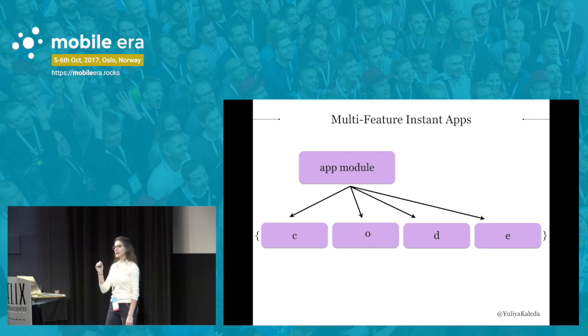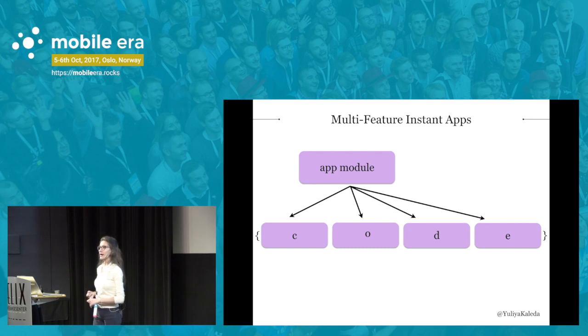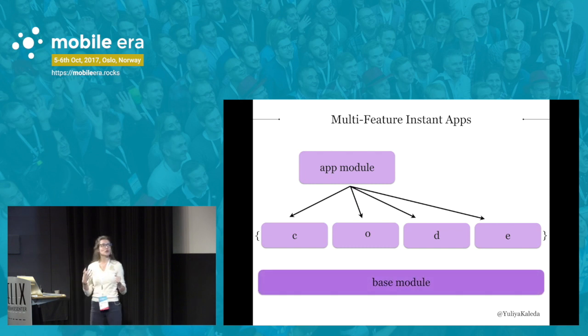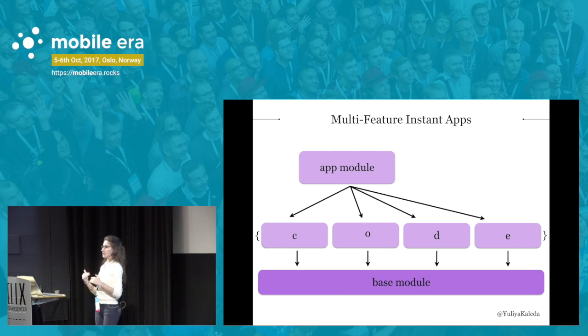But as you can probably guess, there are still some shared components between feature modules, such as the networking layer, maybe analytics managers, some login logic. So some information and some logic is duplicated within the feature modules. In order to prevent this duplication, we have to add a base module, and we have to shift all of that code and logic that is being repeated in the feature modules to the base module.